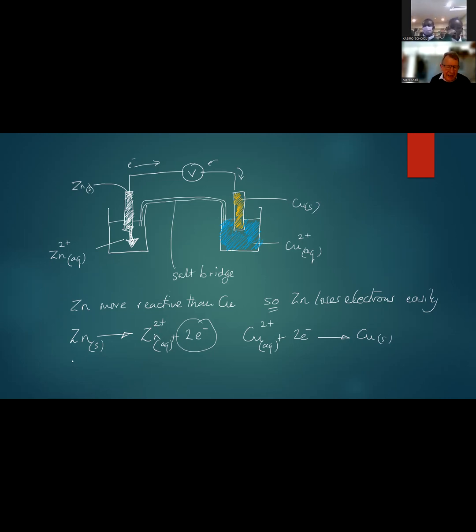It would be okay to write Zn loses electrons and turns into Zn2+. That would be okay. Now that means because it's losing electrons, it is oxidation. Okay, so it is being oxidized.